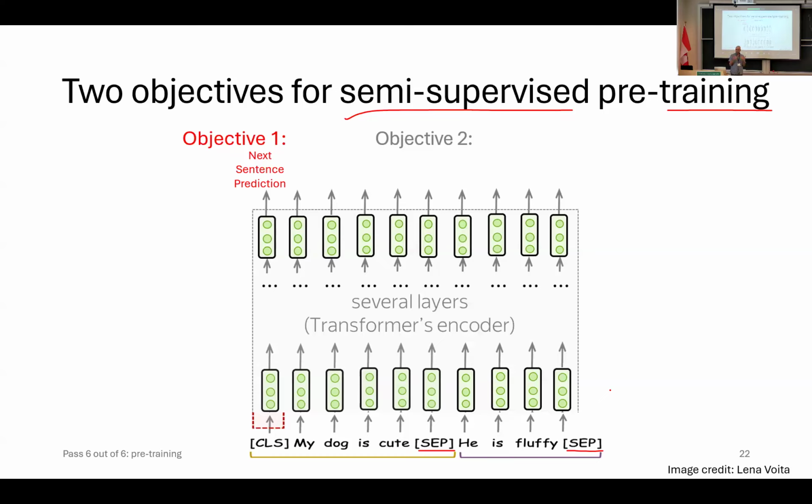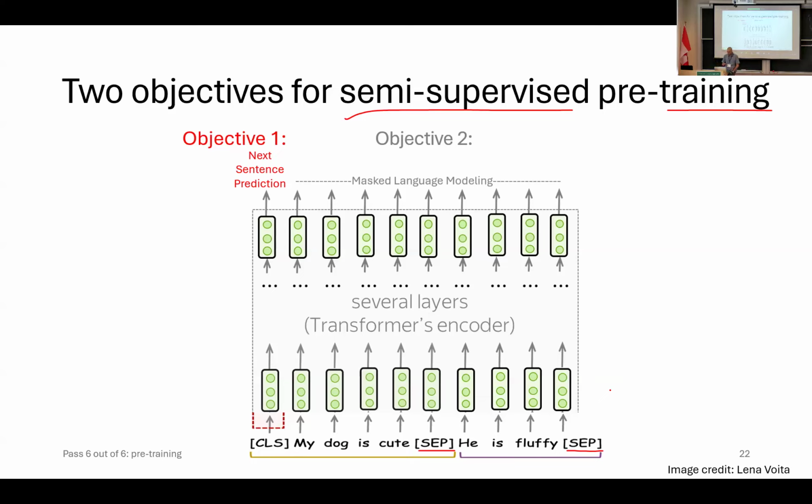In some cases, they don't make sense. And in the pre-training of BERT, they use this as one of the objectives of training. So they essentially estimated the weights of the neural network so that it can correctly predict next sentence. And the second objective was called masked language modeling, and I'm going to explain that later.